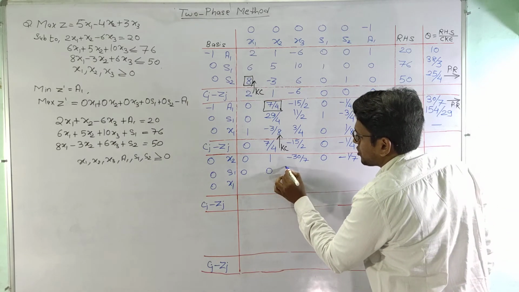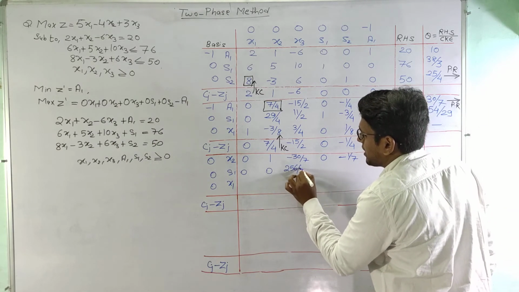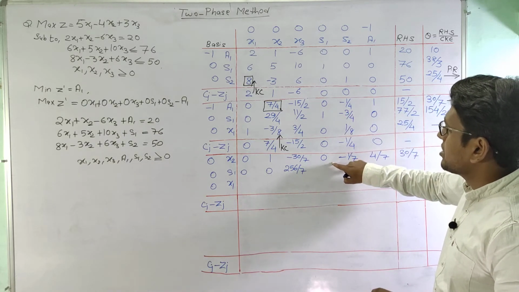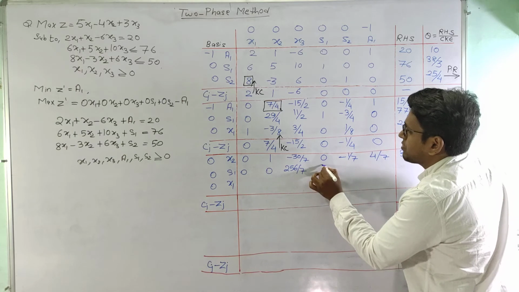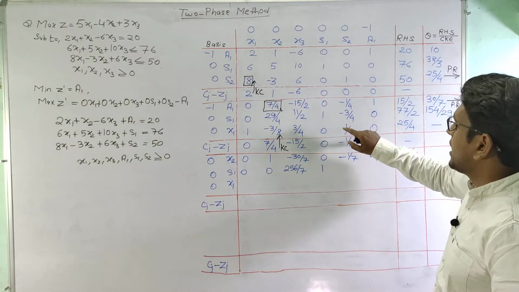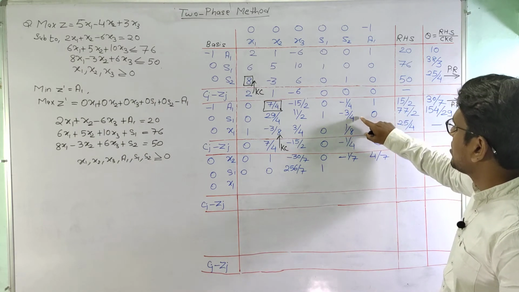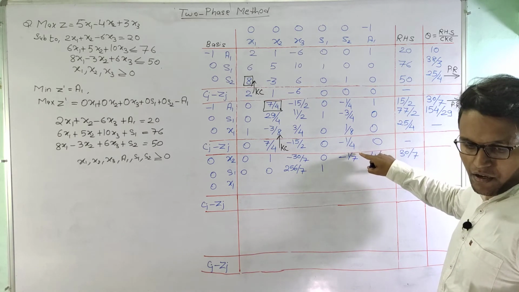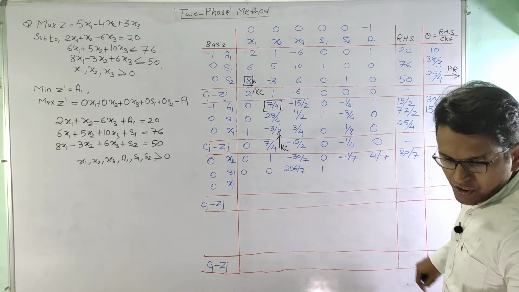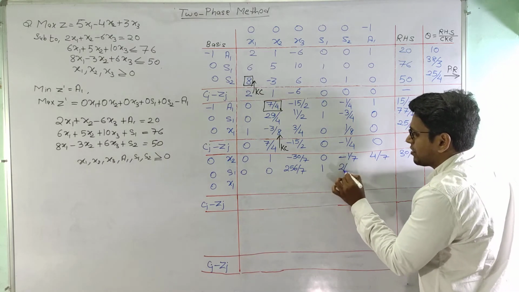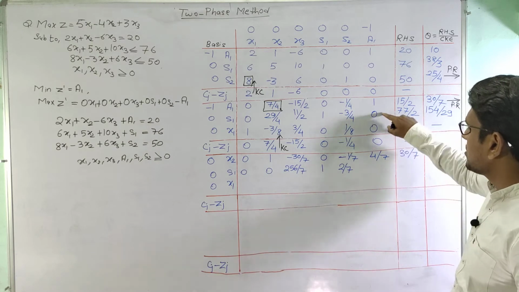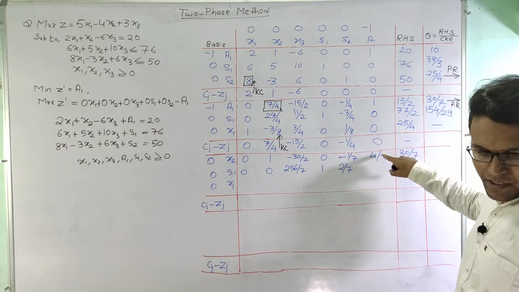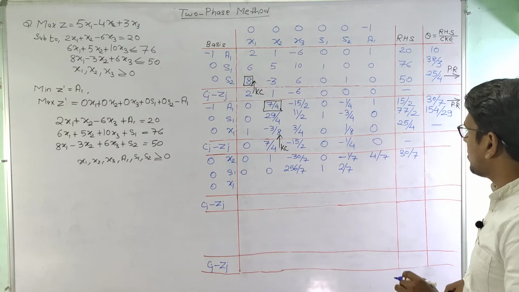Similarly 1 minus 29 by 4, so this will be equal to 1, and minus 3 by 4 minus minus 1 by 7 into 29 by 4, so we'll have 2 by 7, and 0 minus 4 by 7 into 29 by 4, this will be 29 by 7.